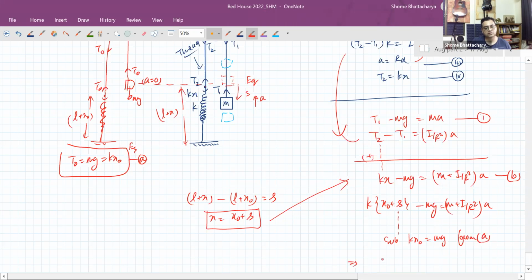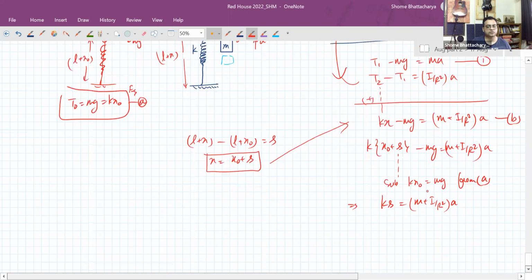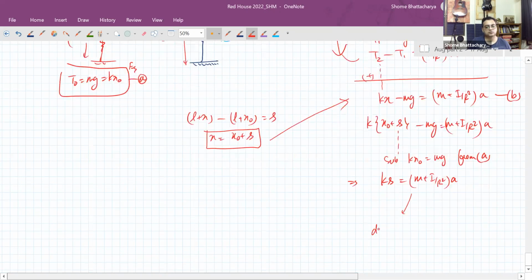So you get that ks is equal to an effective mass kind of term, (m plus I by R square), or an inertia kind of term, into a. You can see the direction of acceleration is opposite to the direction of displacement. So d2s by dt square is minus a, which is equal to minus of k by (m plus I by R square) into s. So that is our equation of SHM.